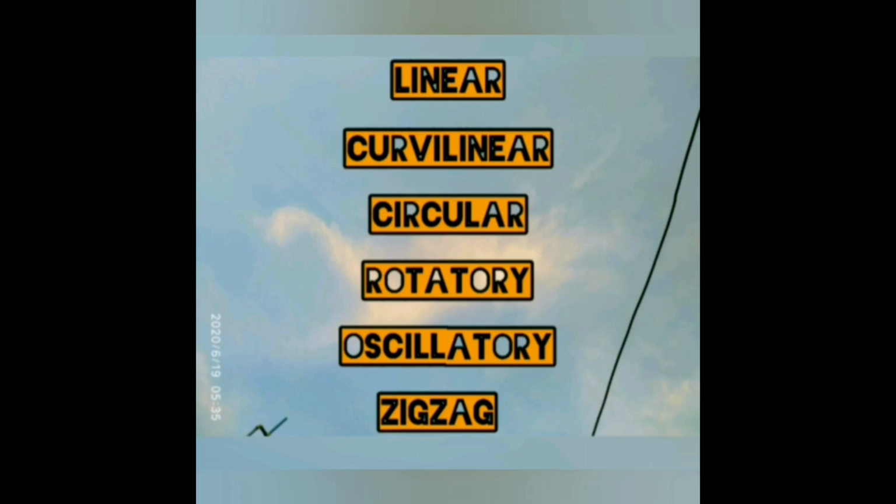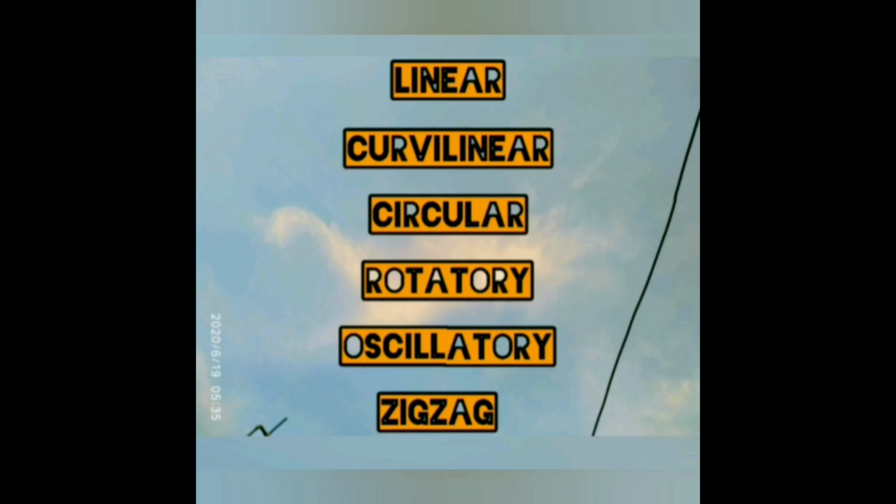So we are done with the motion based on the path. There are 6 motions depending upon the path. When it travels in a straight line, it is a linear motion, and when it takes a curve after every straight line, it is a curvilinear motion. When it rotates about its axis, it is rotatory motion.